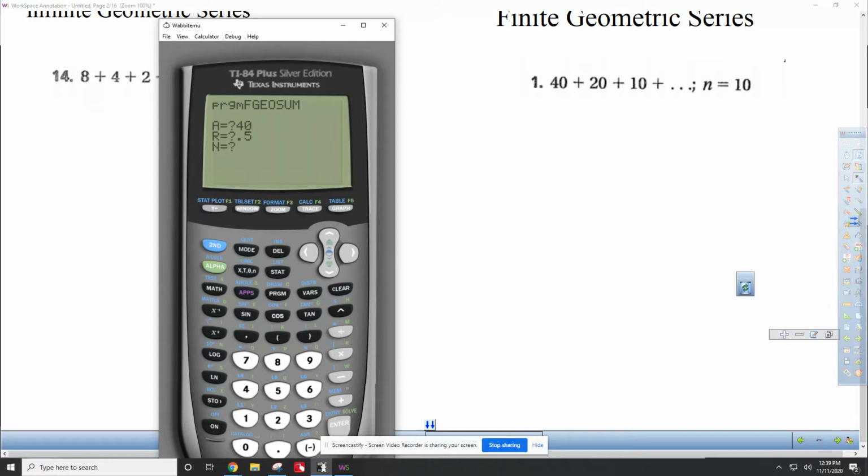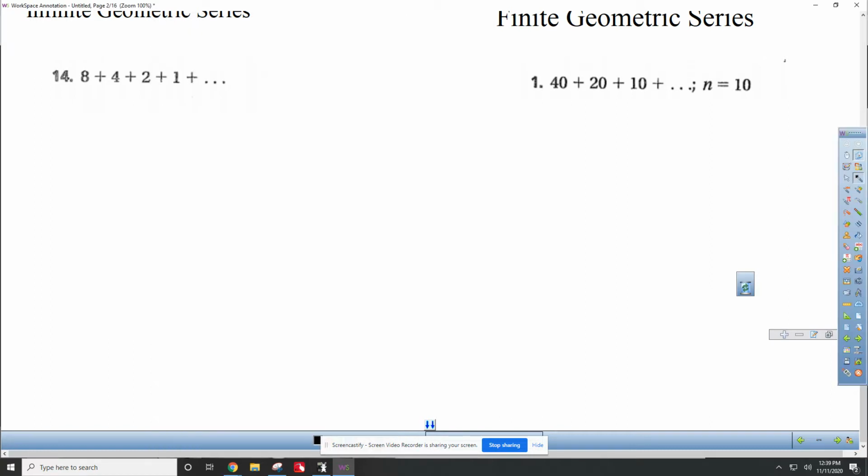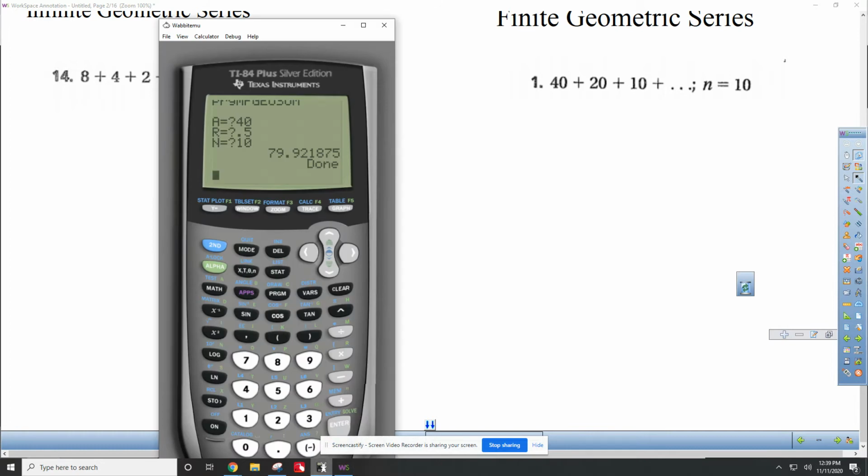They indicated that we have 10 terms. So there's our answer: 79.921875. You just round it to whatever they wanted, or put that in if that was your exact answer.